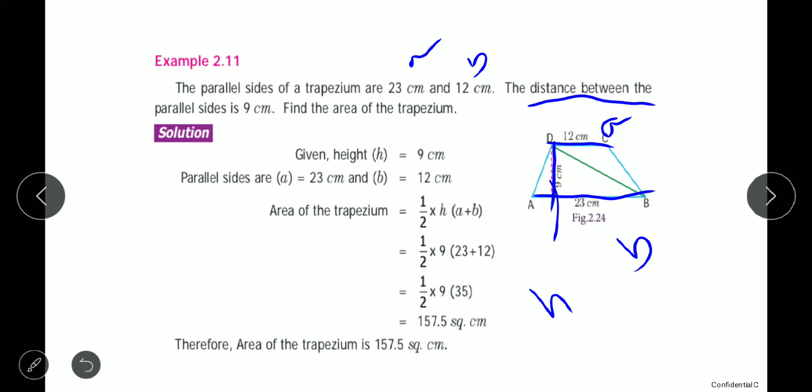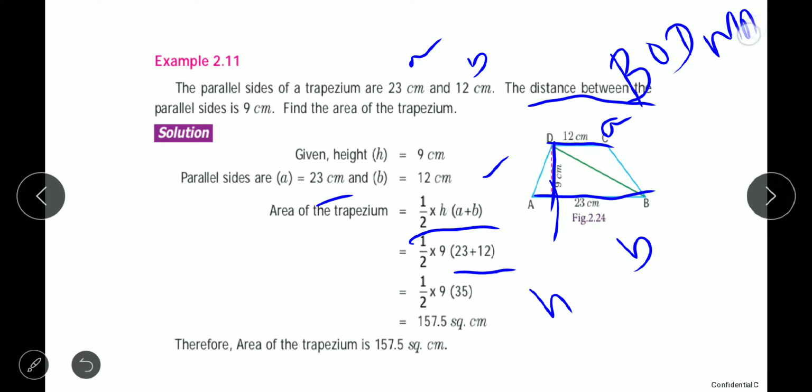So the formula for the area of the trapezium is 1 by 2 into height into (A plus B). First write the value of A as 23 and B as 12. According to BODMAS, we need to solve the bracket first.